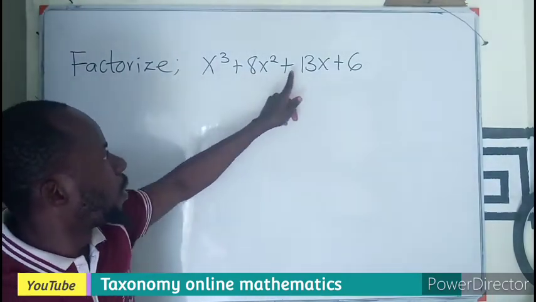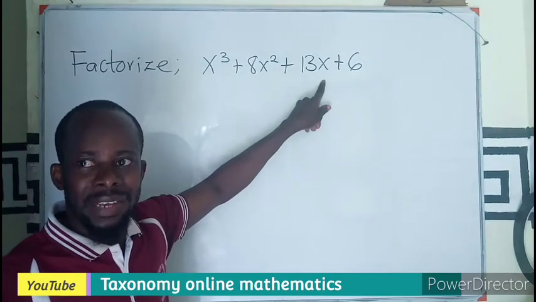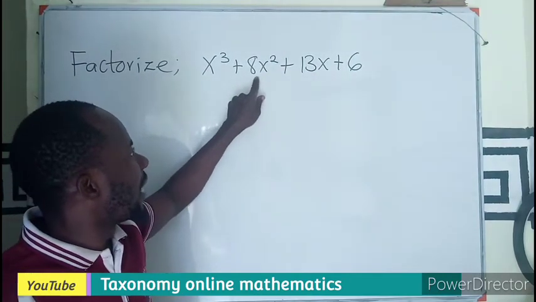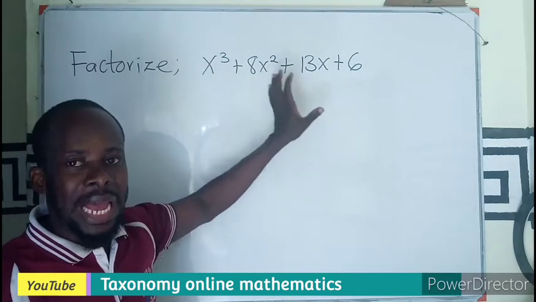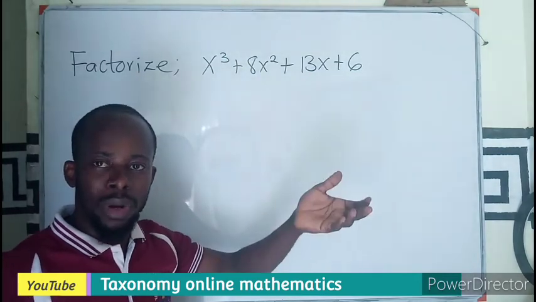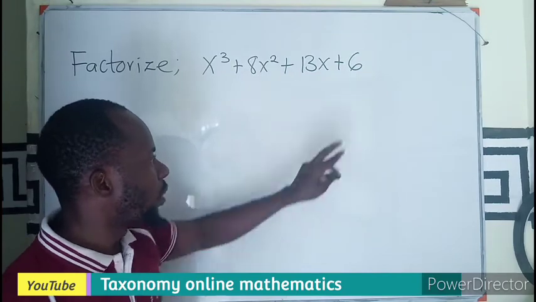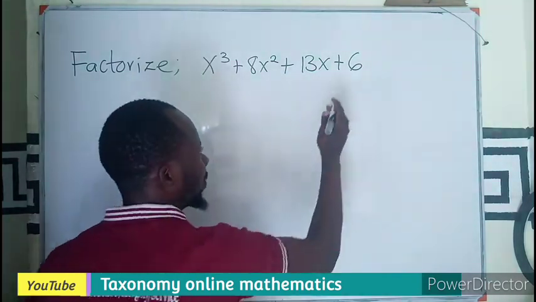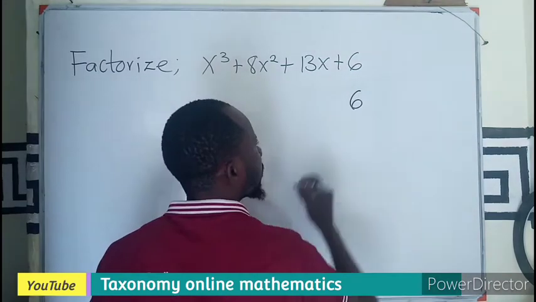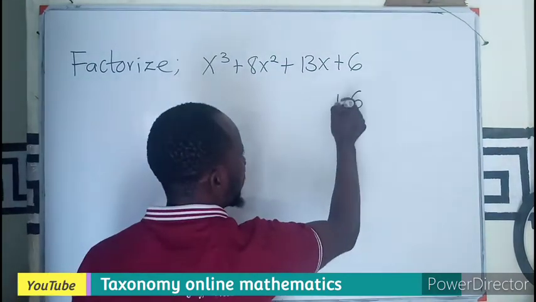So we need to manipulate the 13x or the 8x squared in order to have terms that can easily have common terms. When it happens this way, you always begin from your right, as in I'll start with 6, then I have my plus.